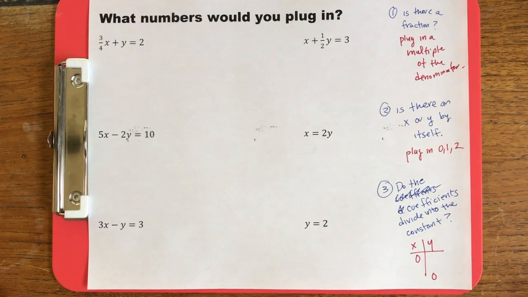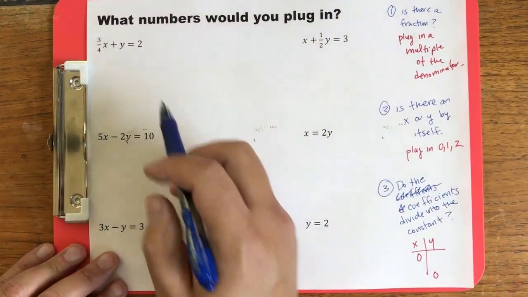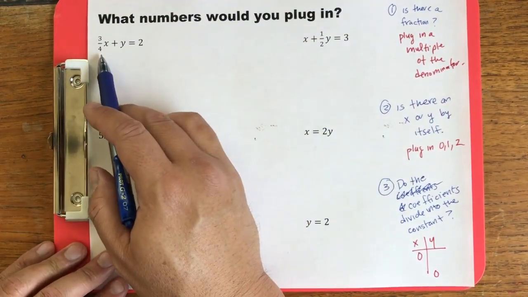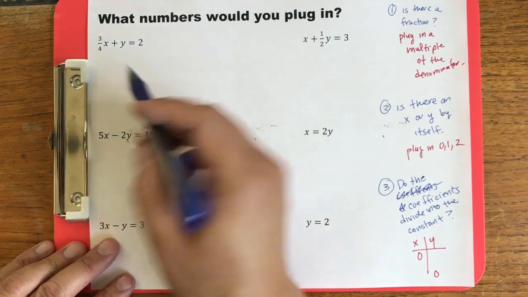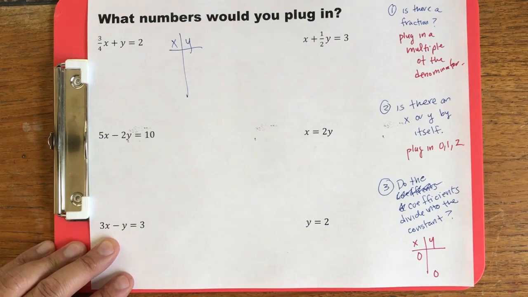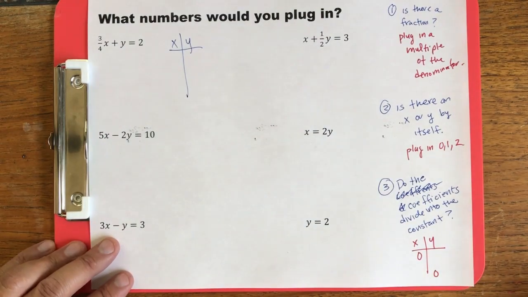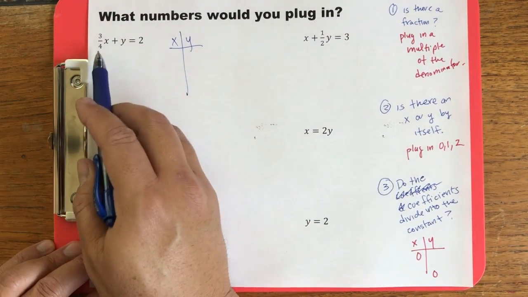Okay, now that you tried it, let's look at each one of these. Let's go through our questions. Is there a fraction? Yes, there is. All right, let's plug in a multiple of the denominator, 0, 4, 8, and we're going to plug it into the variable that's next to the fraction.